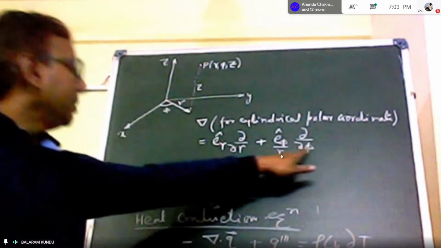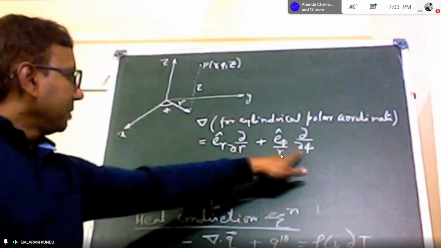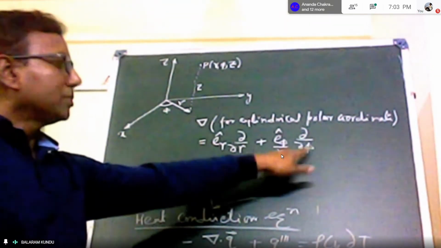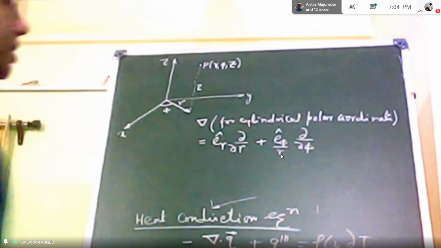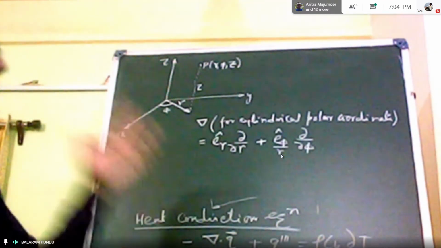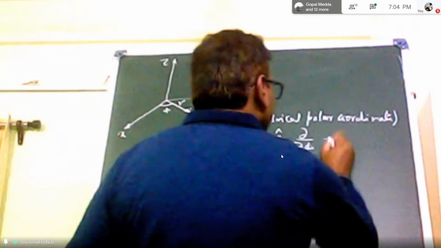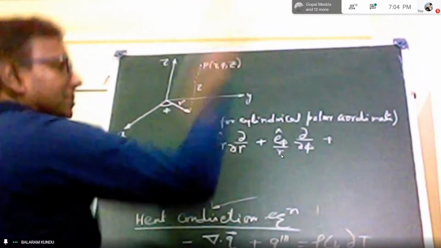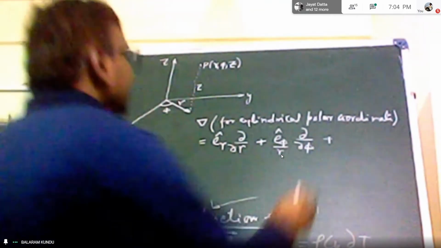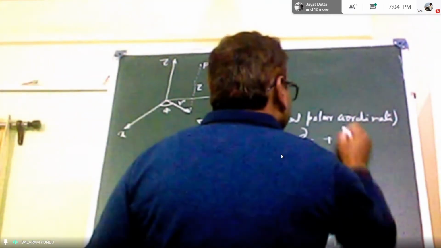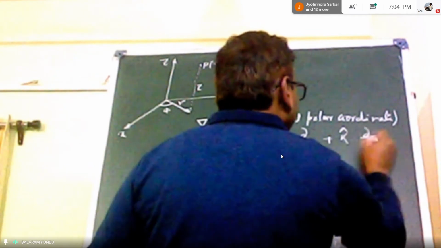Obviously it is r del phi, so r should be given here, because phi is dimensionless. So r del phi is the gradient part, plus, in the z direction, the unit vector k times del by del z.